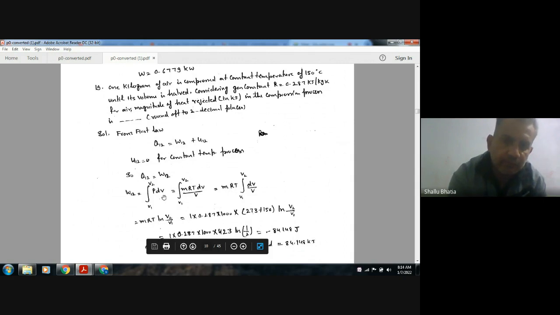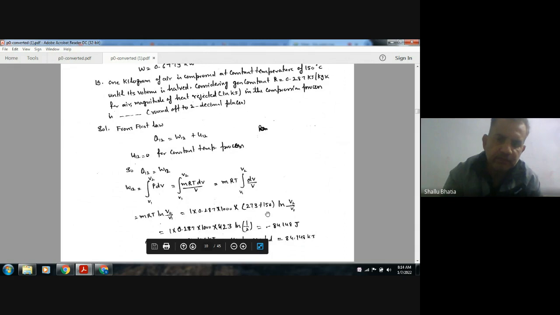Now V2 by V1 is 1 by 2. R is 0.287, m is 1, or in kilojoule 0.287 into 1000, and T is 150 Celsius, or in Kelvin 273 plus 150.